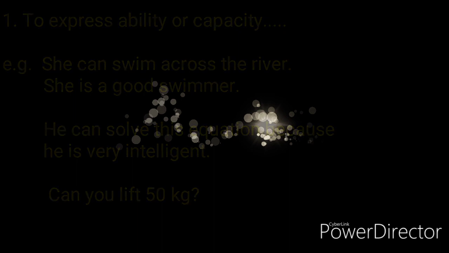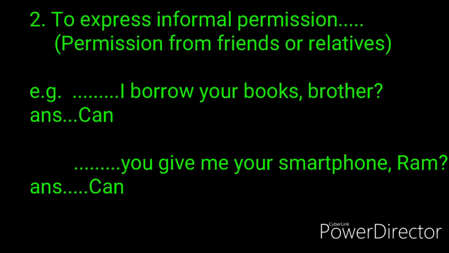The next use of can is to express informal permission. Informal permission is taken from friends or relatives. Means the permission which is taken from friends or relatives is known as informal permission.